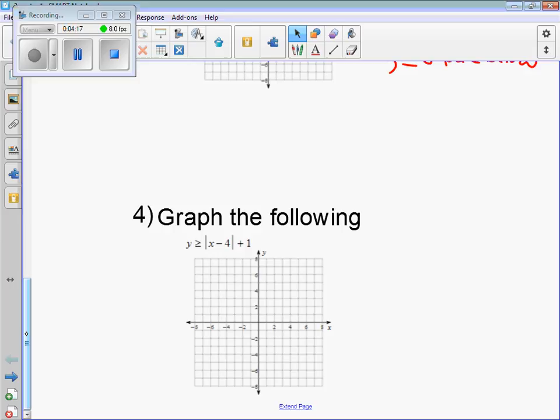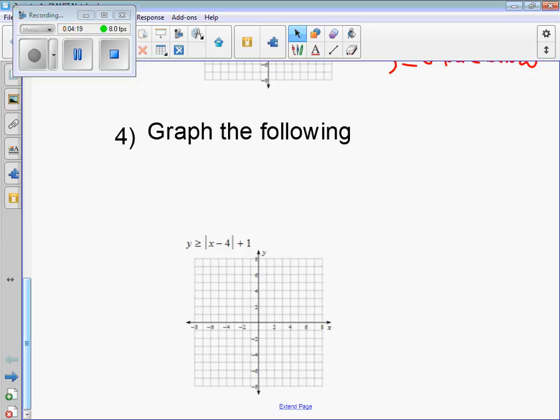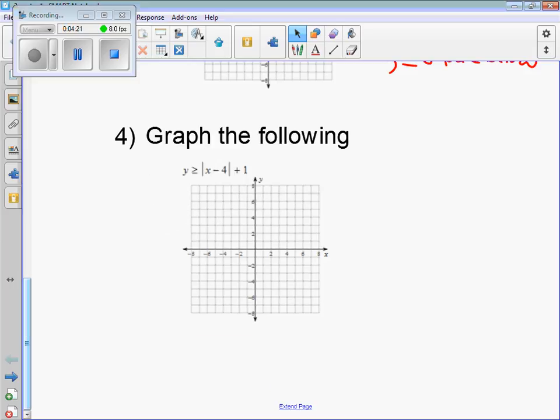Number 4. Here we're going to have absolute value again. We're going to go right 4 and up 1. That's from 0, 0. The other 2 points are 1 up and to the right and 1 up and to the left.